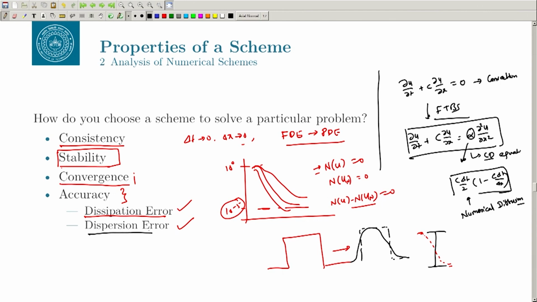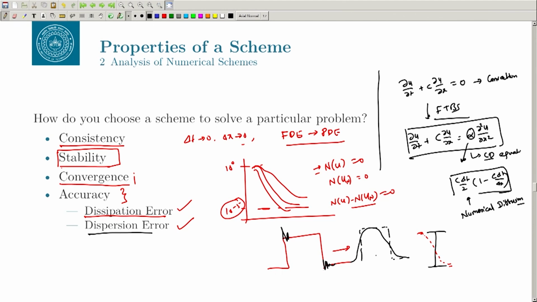For example, if you look at the case where we used the FTCS, you would have seen that there were so many wiggles here. These come from the terms containing the odd derivative.